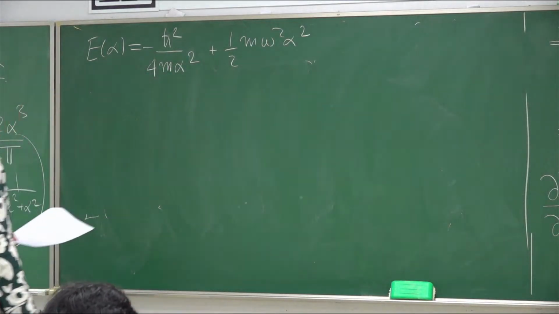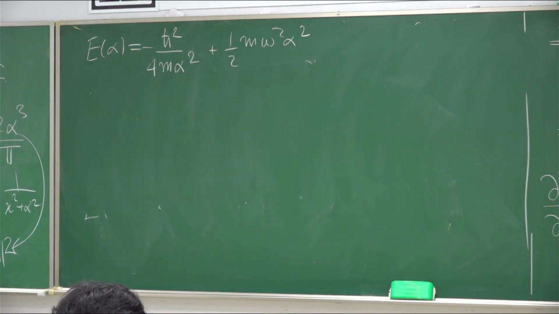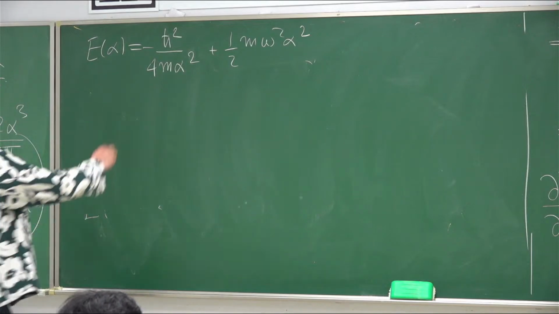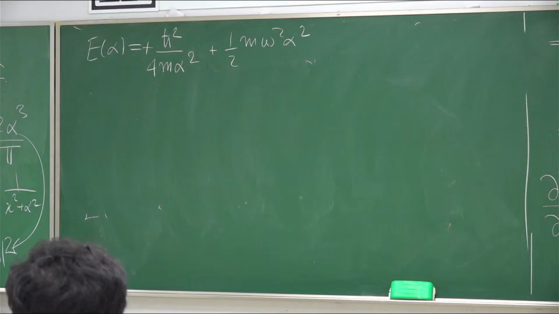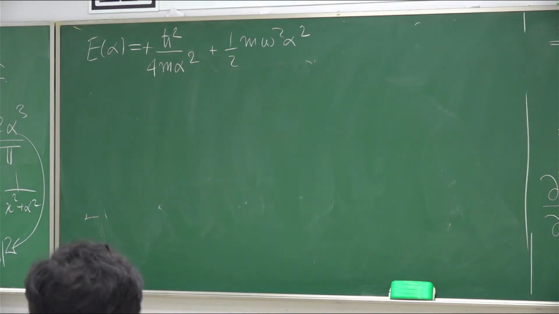Okay, this one. No, there's a plus sign here. Yeah. Right, and 2 alpha to the third, you get square 4, yeah, 2, 4 m. Yes, okay. And then you get 2 there, m omega. Okay, that's correct, right? Okay.